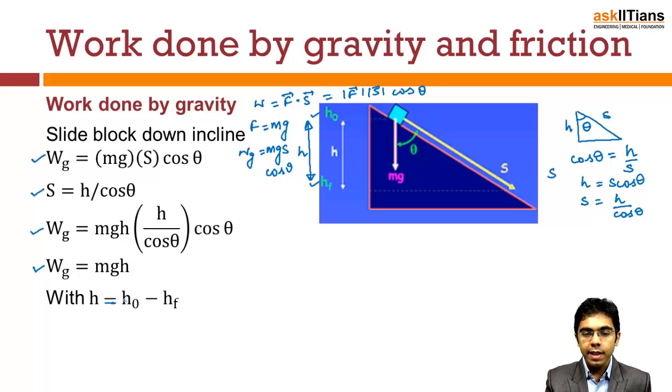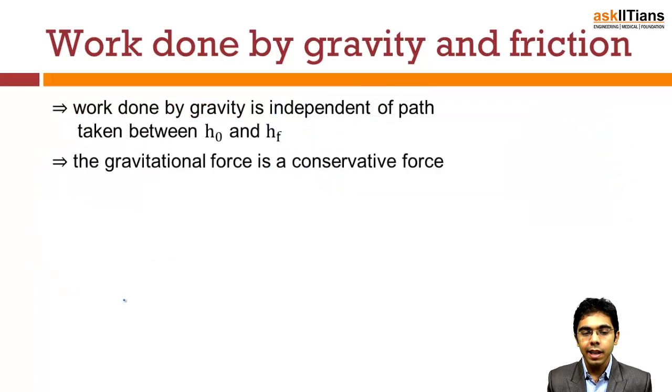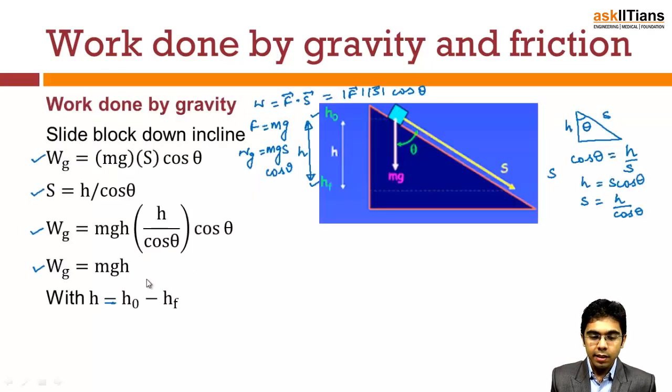So we can say that the work done by gravity is independent of the path taken between h naught and hf. Yes, that is true, because precisely what we are getting is mg times (h naught minus hf).